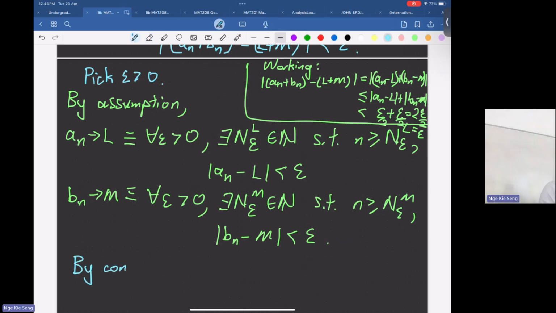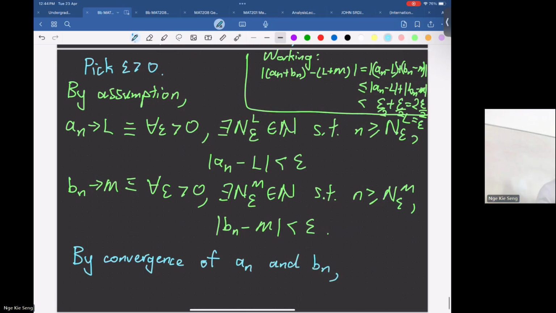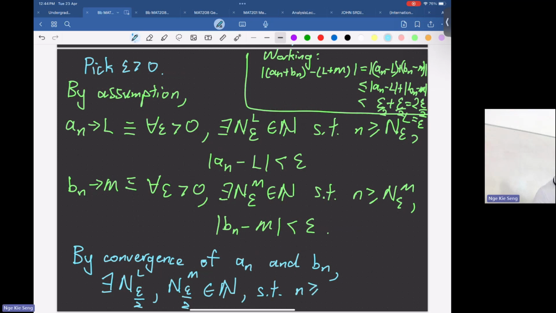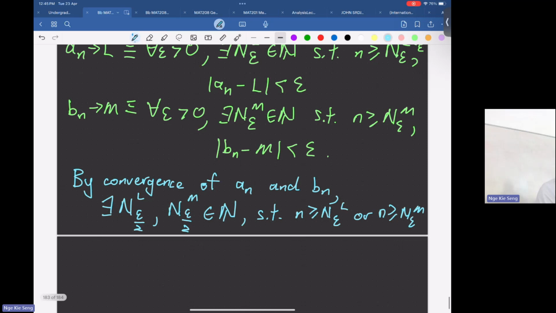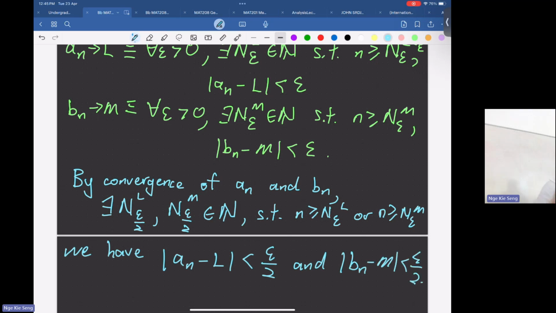Let's see, by convergence of an and bn, there exist n epsilon over 2 for L and n epsilon over 2 for M in N, such that for n greater or equal to n_L or n greater or equal to n_M, we have the absolute value of an minus L is less than epsilon over 2, and the absolute value of bn minus M is less than epsilon over 2.